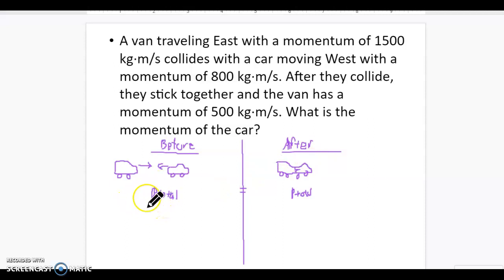And now I write out and list each momentum on their own. And that means for each object. So I'm going to do a momentum for the van and a momentum for the car.